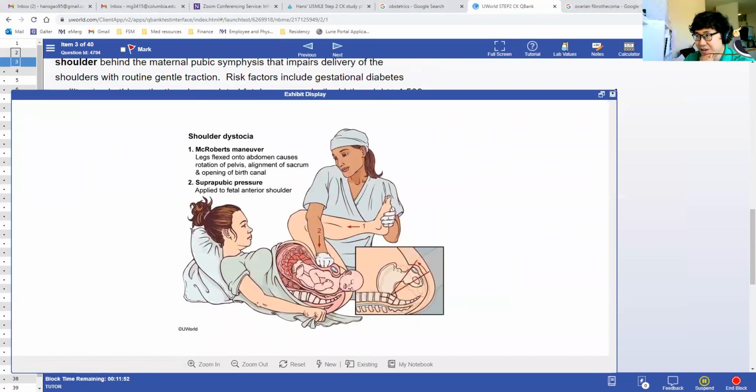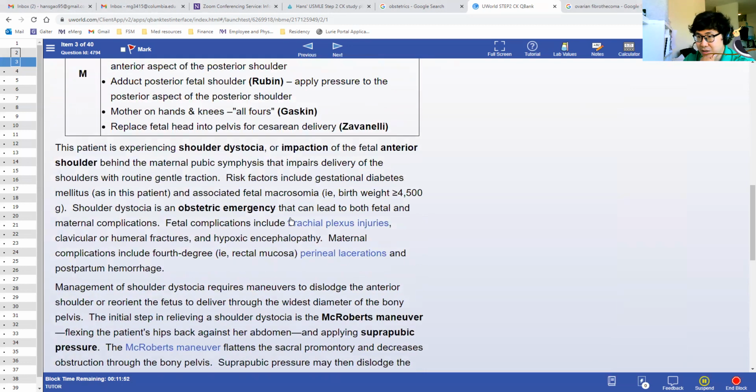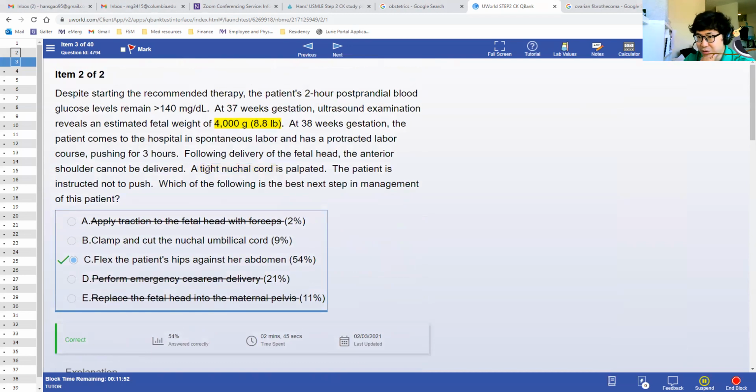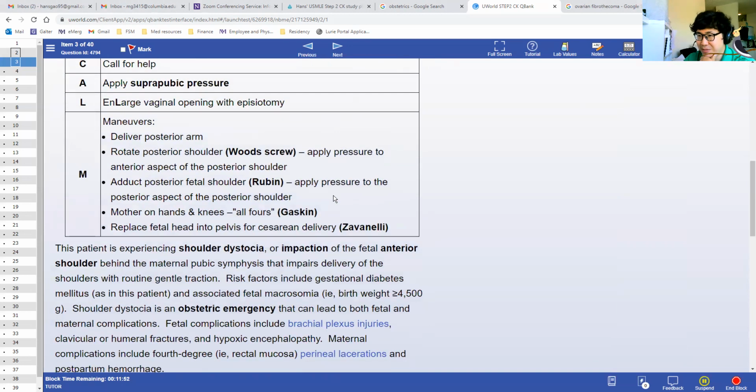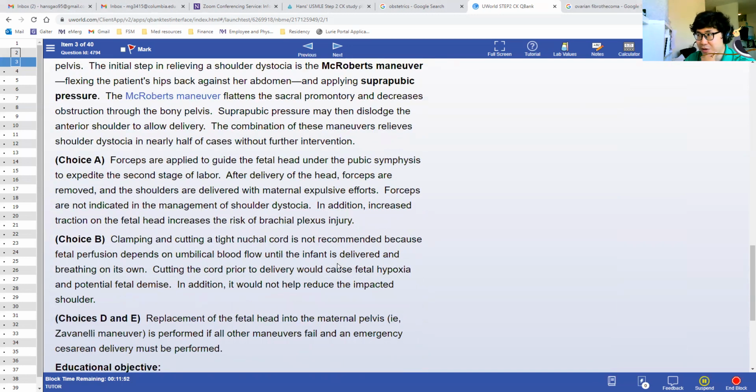I guess this is more of a case of just regular shoulder dystocia as opposed to the nuchal cord, because I was too focused on the nuchal cord and kind of missed the shoulder dystocia part. So I had the incorrect reasoning, but stumbled upon the right answer anyway. I guess that's a win for me, even though I'm going to mark this because I probably wouldn't have gotten it, because I feel like I kind of got this question wrong.